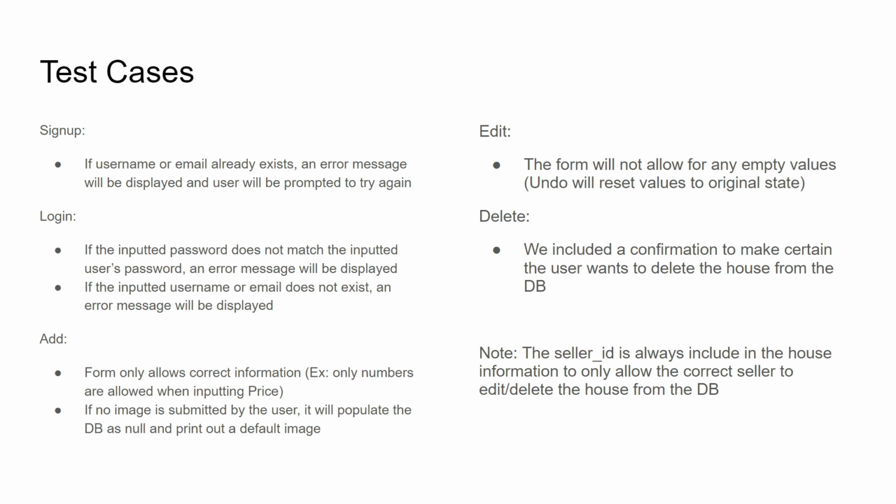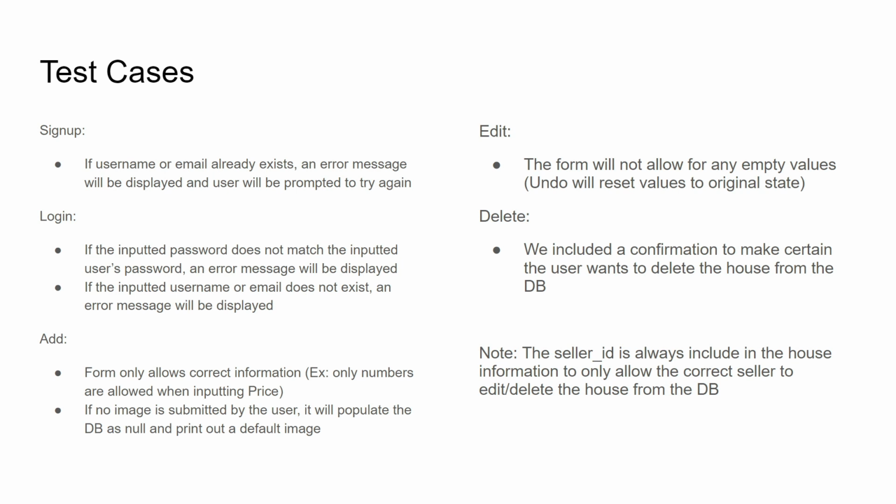And if the inputted username or email does not exist, then an error message will be displayed as well. And for the add a house functionality, the form only allows for the correct information. So, for example, only numbers are allowed when inputting price, and like beds and bath. So, only numbers can be inputted into that form.